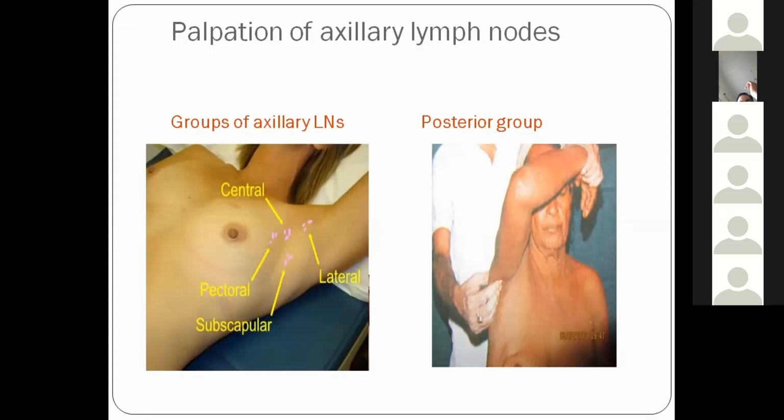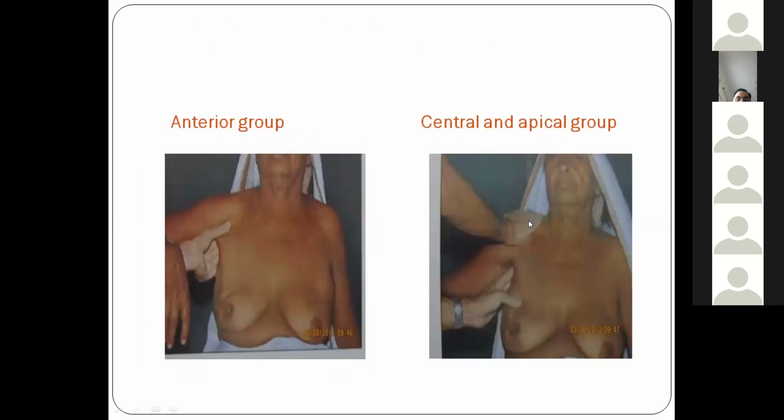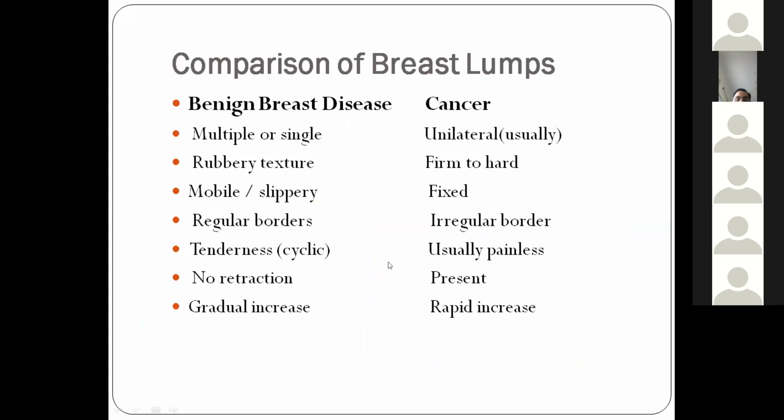As I said, clinically we divide axillary lymph nodes into 5 groups. The anterior axillary lymph nodes you palpate against the anterior axillary fold, the posterior against the posterior axillary fold, the lateral against the arm. There are various ways to examine it. Probably you are going to learn that in your clinical examination. It's very difficult for me to teach it here.